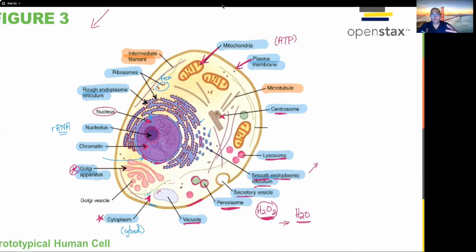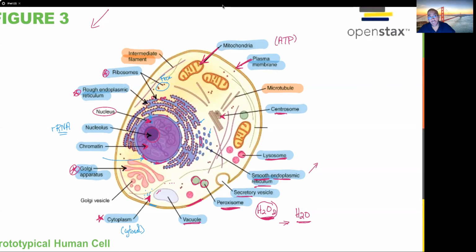Connected to the nuclear membrane of the cell, I will see sets of tubules, and on the outer surface of them, I have those red dots. Those are my ribosomes, and this set of tubules that has the ribosomes on its outer surface is my rough endoplasmic reticulum.